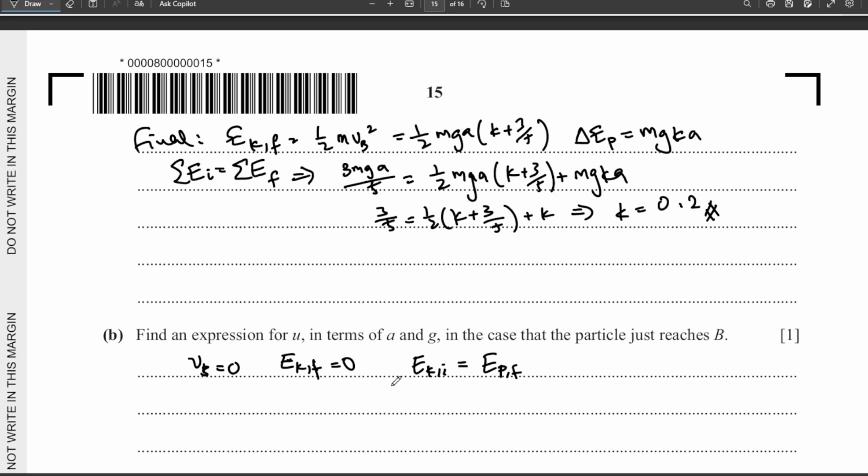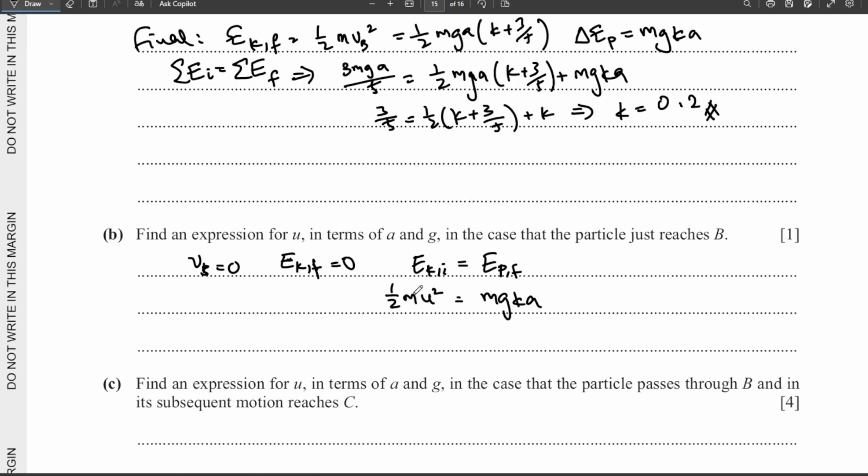The initial will be half m u squared. The final one, we're going to get mgka. So we use this and isolate u. And k we have found before, right? That's just 0.2. So 0.2, you multiply in, and you can get 0.4 ga.